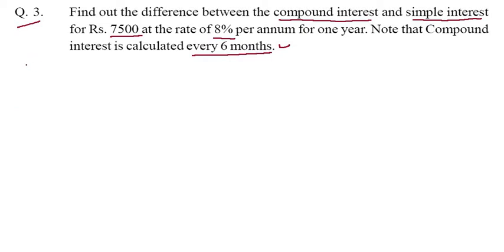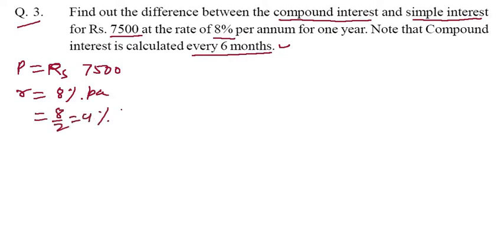What will happen? So principal is given as 7,500 rupees, and the rate is given as 8% per annum. But it will be changed into half yearly, so it is divided by 2.